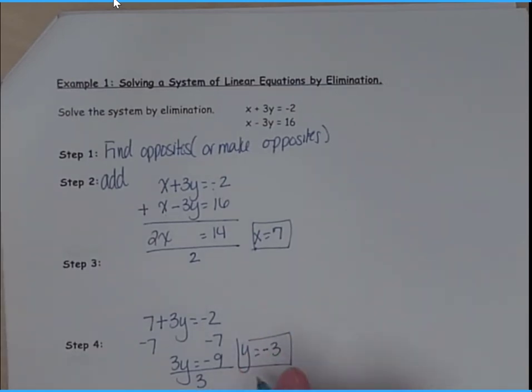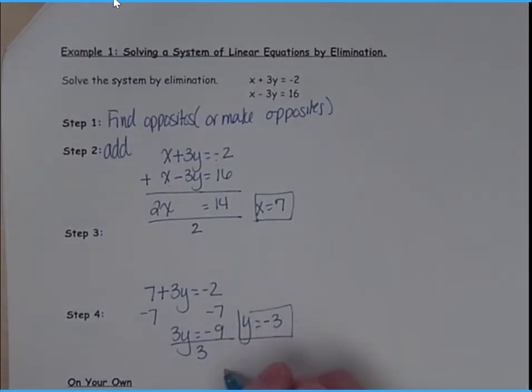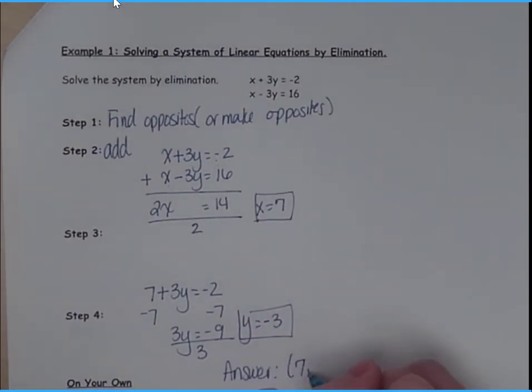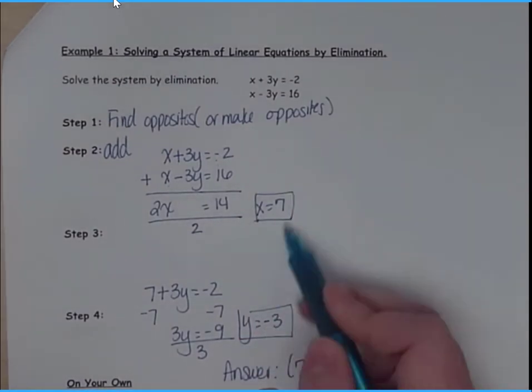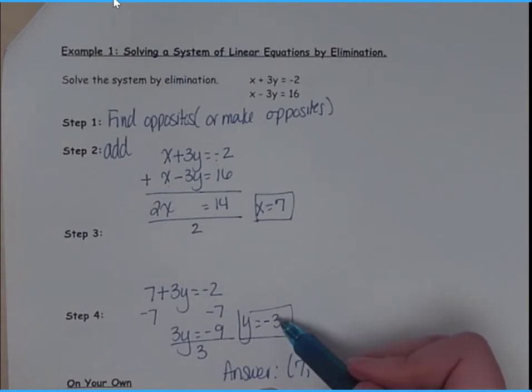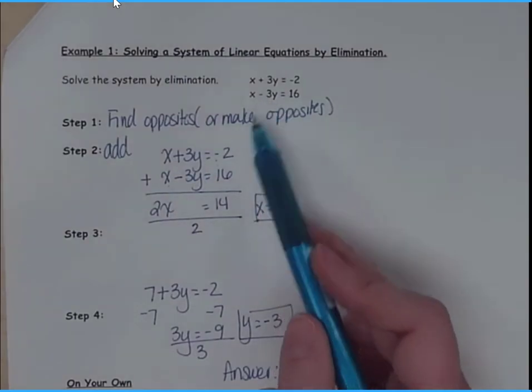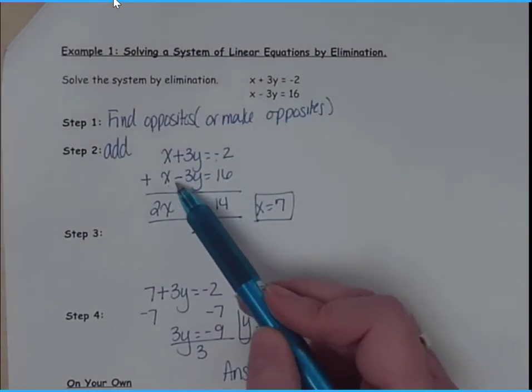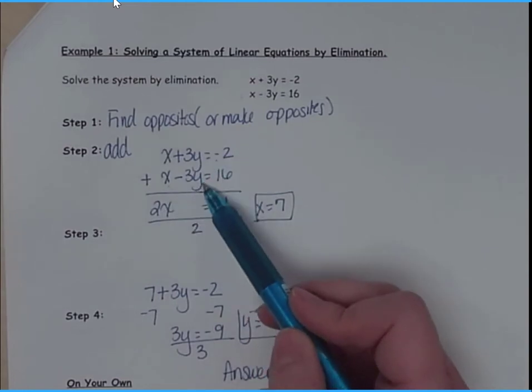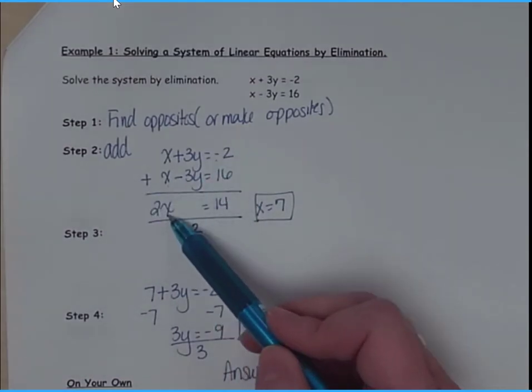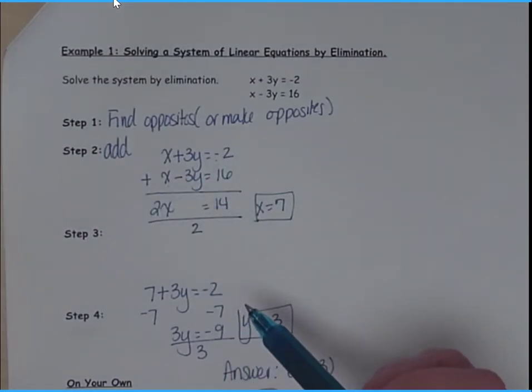Now remember, our answer is a coordinate, so 7, -3. Does this really work? It does, and we can go back and check our work. By eliminating, we quickly got rid of a variable and we're able to isolate and get one by itself.